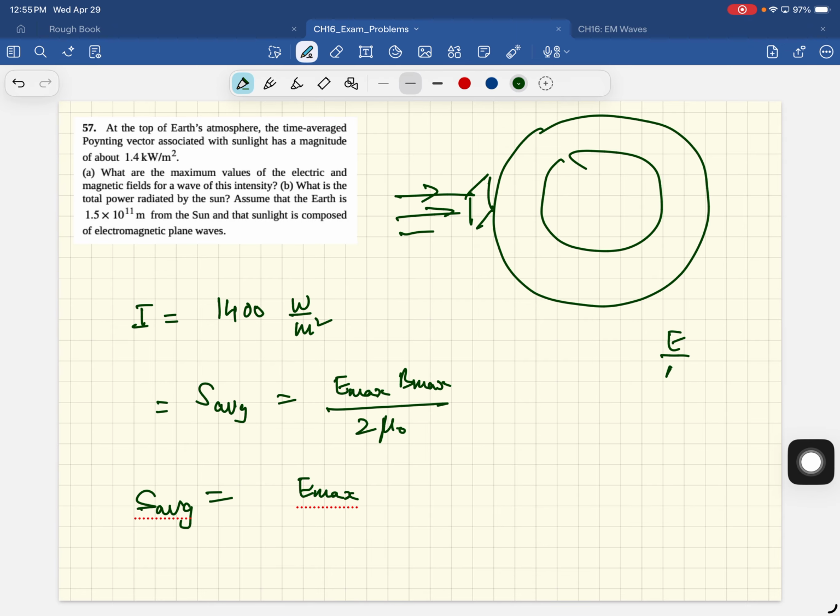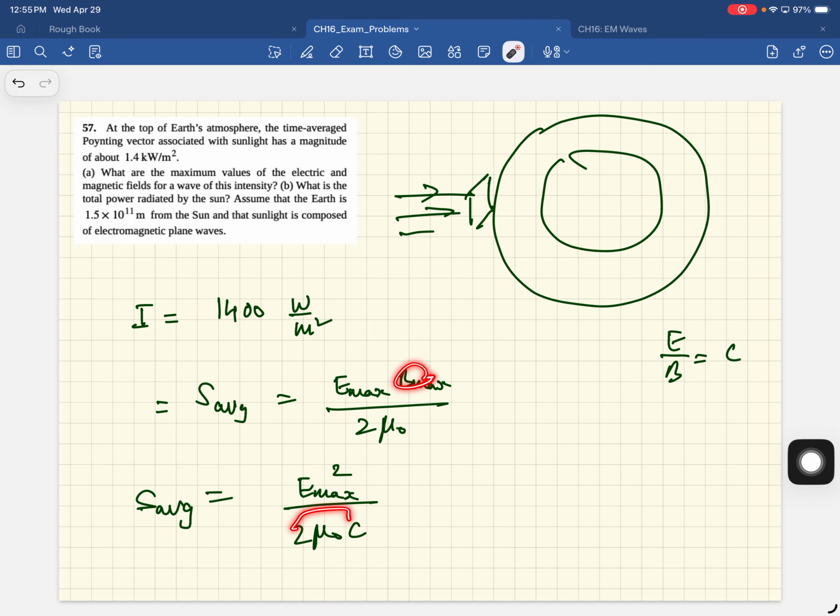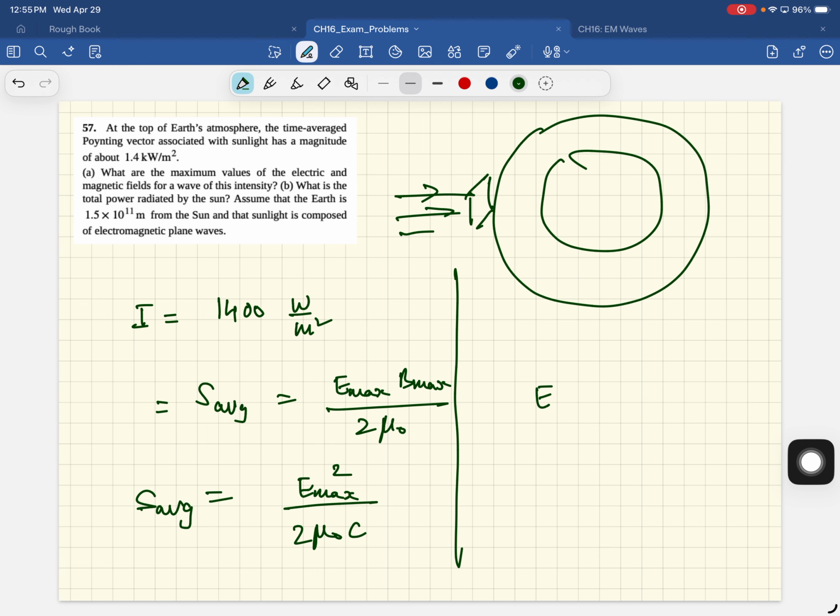Remember E over B is C, so B is E over C. So S average is E max squared over 2 mu naught C. So E max is the square root of 2 mu naught C times S average.